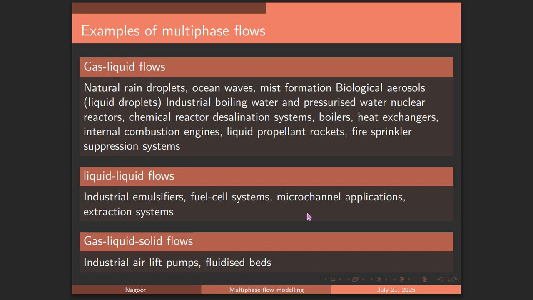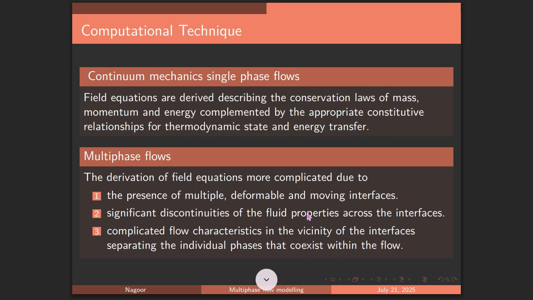And where three phases are involved, like airlift pumps from groundwater and fluidized beds. There are many important applications involving multiphase flows. It's very crucial to understand how flows behave when two or more phases are involved, and how to model them and make it a design tool.